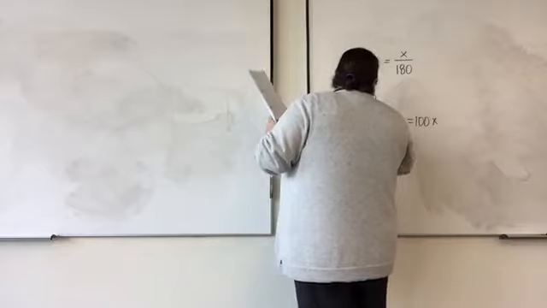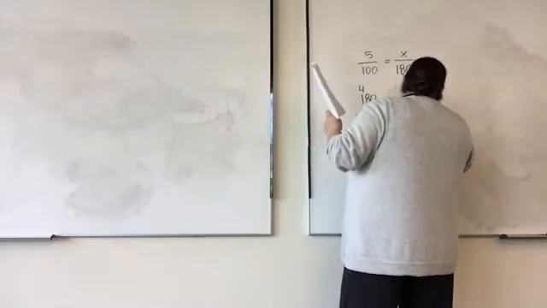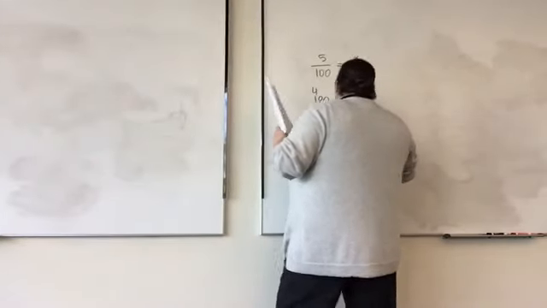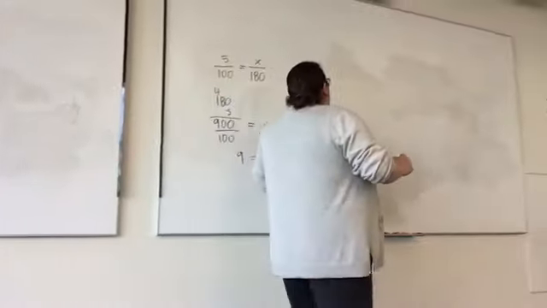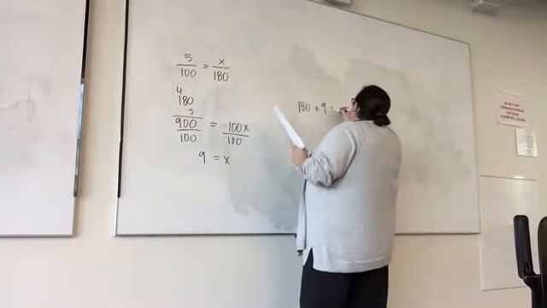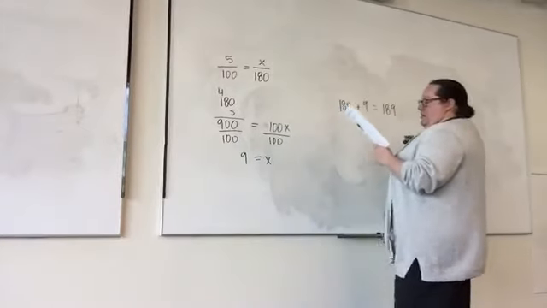So I divide both sides by 100. So x is going to equal 9. But remember, they want the total, so it's 180 plus 9, which gives me my total new increase, or 189 days.